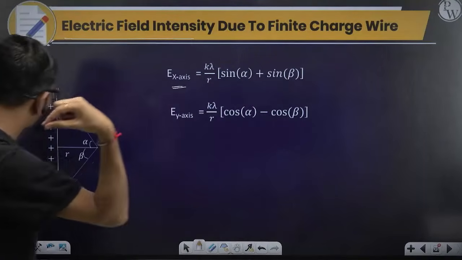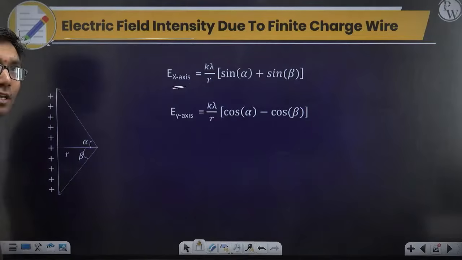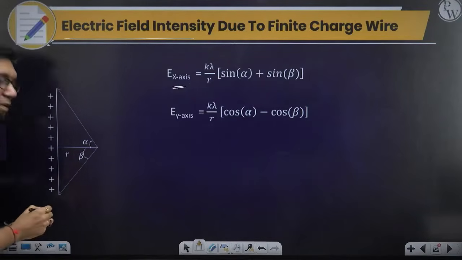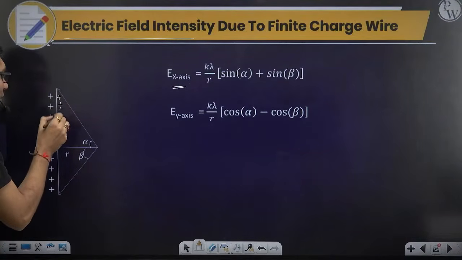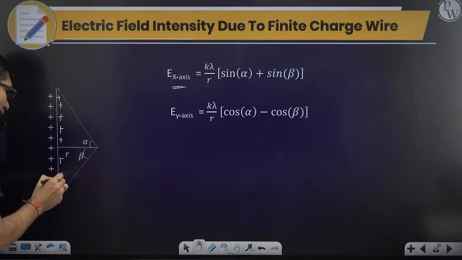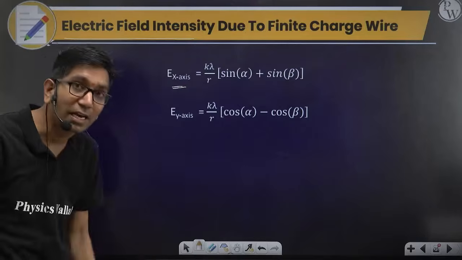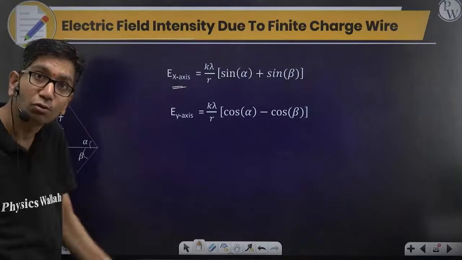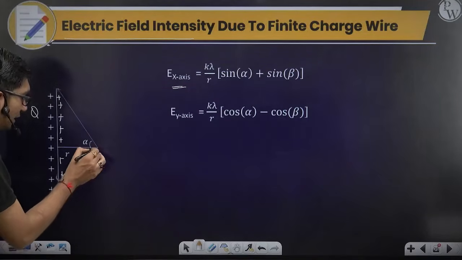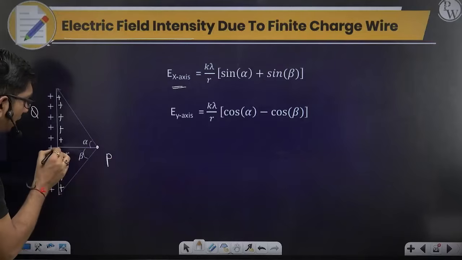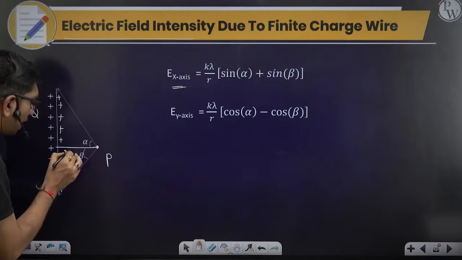Next, I am throwing it here. So finally, this is the wire having a charge on it. Let the charge on this one be Q. You have to calculate the electric field intensity due to this wire at this point, which is at a distance of small r.